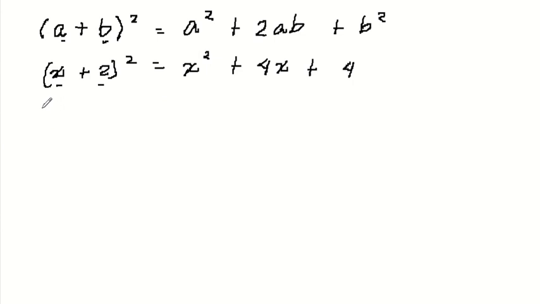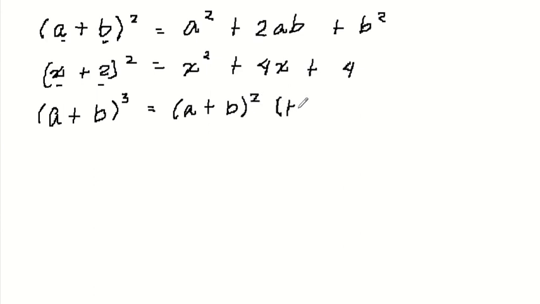Another expansion is when we cube the binomial a plus b. Well, the quantity a plus b raised to the power of 3 is like a plus b squared times a plus b.